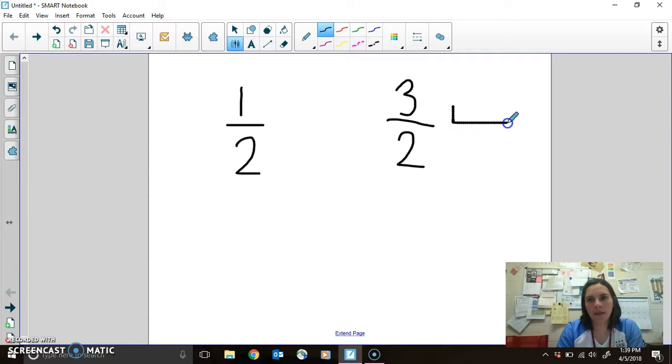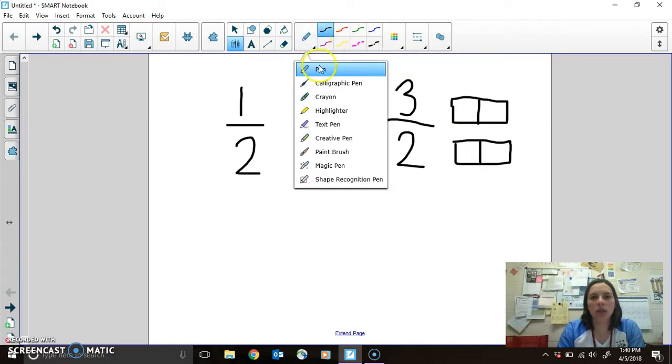Right? Imagine we have some fraction strips here. Whoa, I don't draw very good when I'm trying to draw on the computer. There are my 2 fraction strips. And this is 3 halves. Right here, the 2 tells me I need to break each of these into 2 parts. They each have 2 parts.